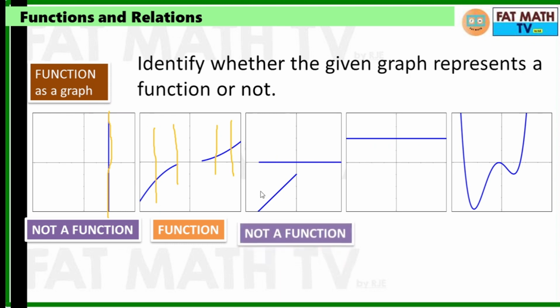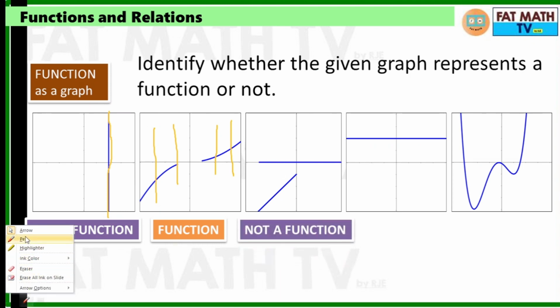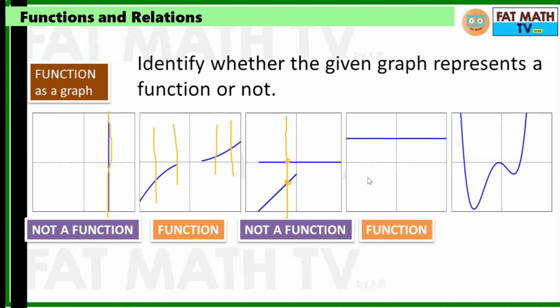Number three, this is not a function because the vertical line can intersect this in 2 points like this. And the fourth one, that is a function, because if you draw a vertical line anywhere on the Cartesian plane, it will only intersect the graph once.